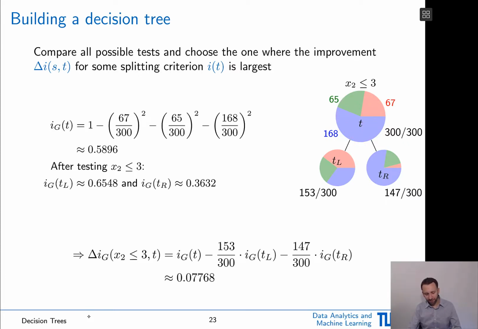So you can first compute the Gini index, sorry, not the gain yet. The Gini index was 1 minus the squared proportions. So it's 1 minus 67 divided by 300, 65 divided by 300, and 168 divided by 300, everything squared. This gives you a Gini index of 0.5896 for this root node.